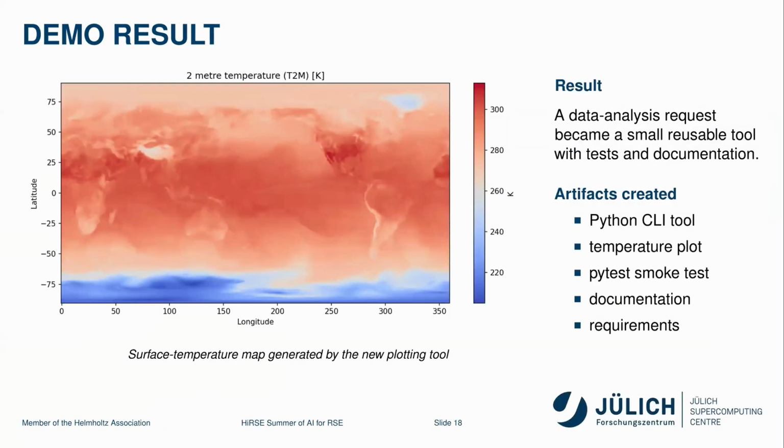So the demo result is that a data analysis request became a small reusable tool with tests and documentation. We created here a number of artifacts: the Python CLI tool, the temperature plot, the pytest smoke test, the documentation, and the requirements.